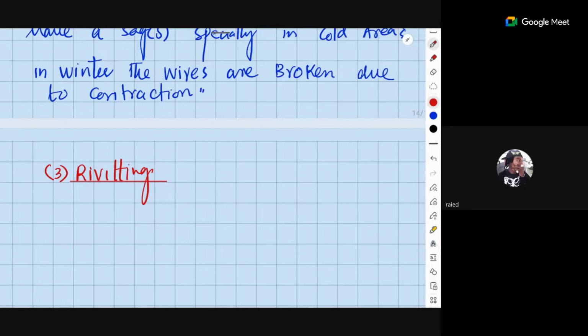For riveting, when you are going to rivet two metal plates, for example, this is a metal plate and you want to join it with another metal plate, like this. Then what happens? We rivet them. This is one metal girder, this is the second metal girder.